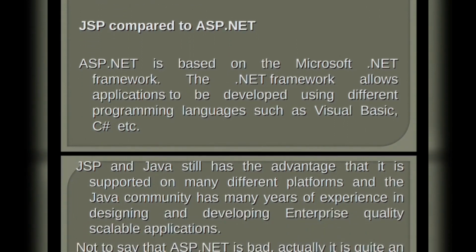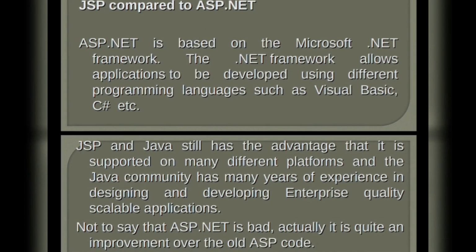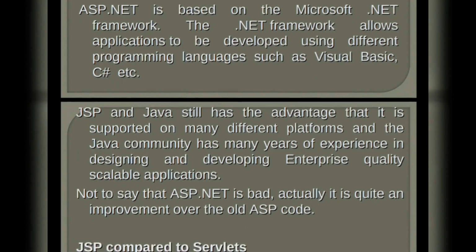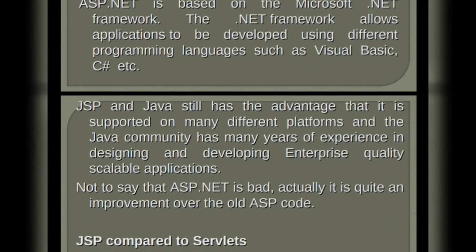Next, JSP compared with ASP.NET. ASP.NET is based on the Microsoft .NET framework. The .NET framework allows applications to be developed using different programming languages such as Visual Basic, C Sharp, and F Sharp. There are 32 languages supporting .NET.